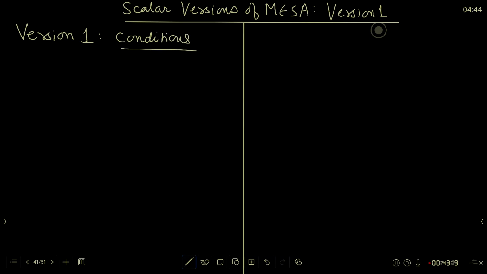Number 1 is point A is a valid point. What do I mean by a valid point?